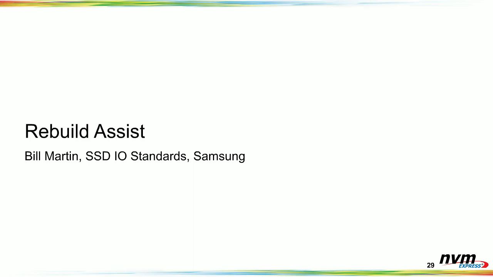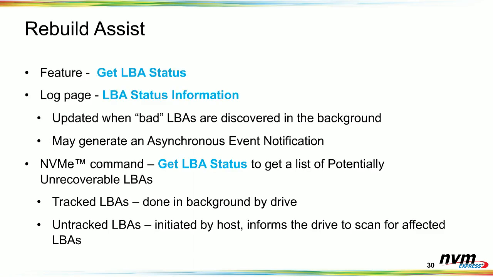But if you write that same logical block again with the same data or new data, that logical block all of a sudden becomes readable again because the drive stores it on a different physical block. So the concept there is that you don't have a fixed mapping from your logical block to your physical block address space. So with that, let me get into the Rebuild Assist part of this discussion.